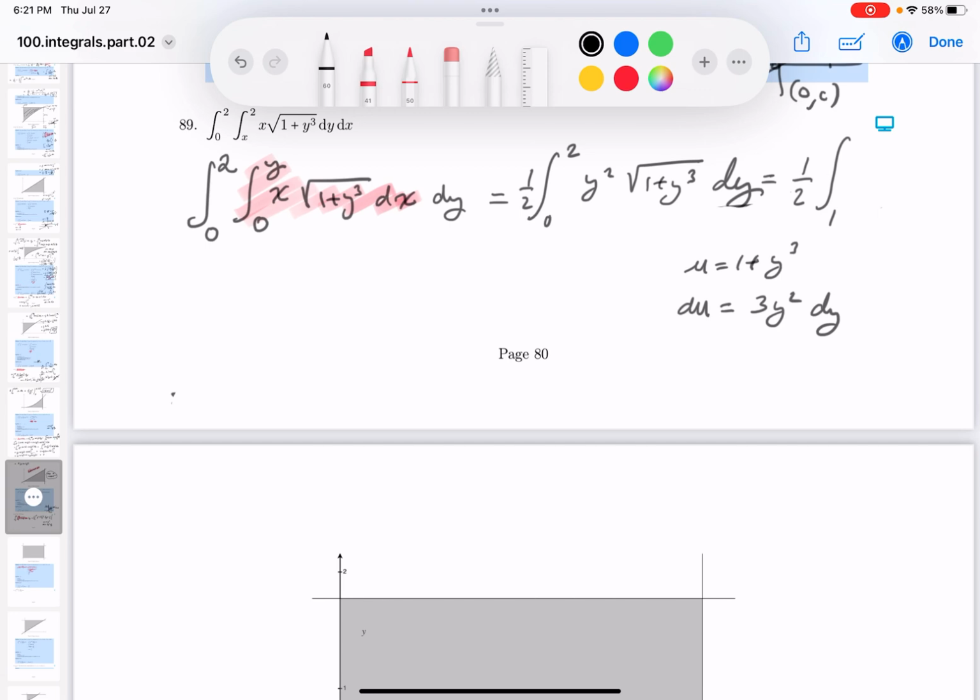When y is 2, u would be 9. What do you get here? Well, 1 plus y cubed, the root of it, is just u to the 1/2 power. And then the y squared dy is 1/3 of a du. Now 1/3, when I pull it out, it's going to make this a 6.